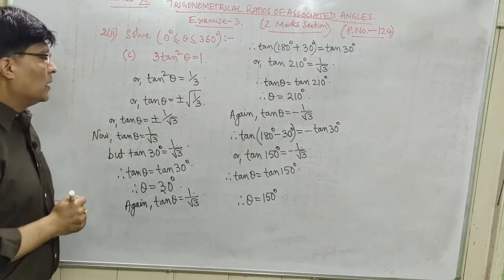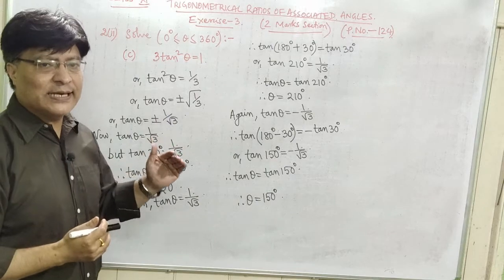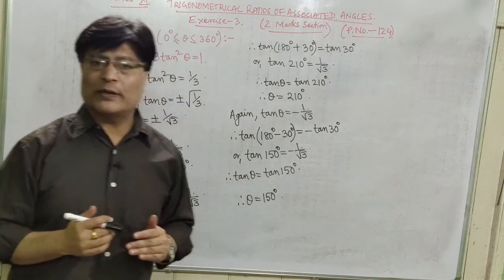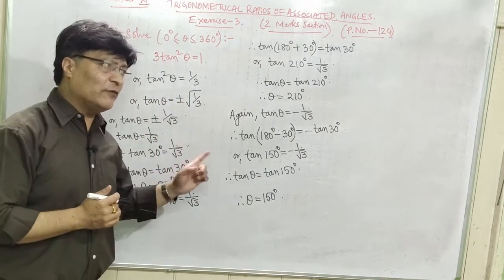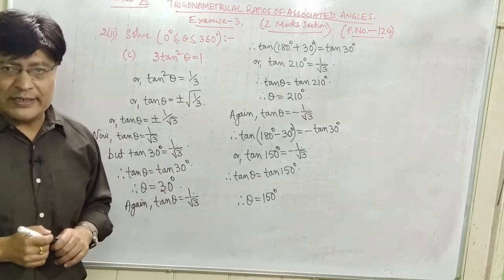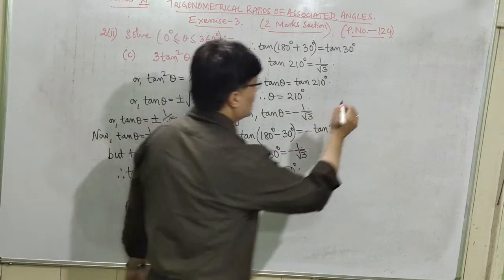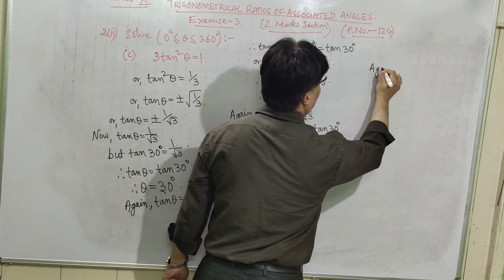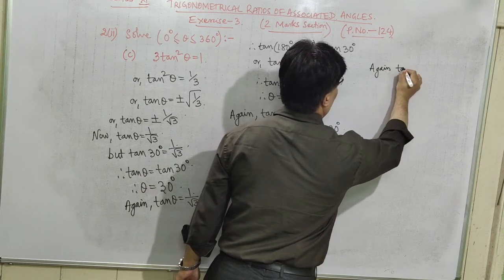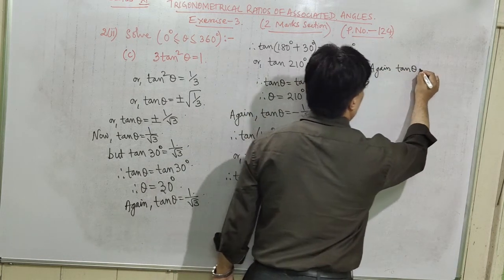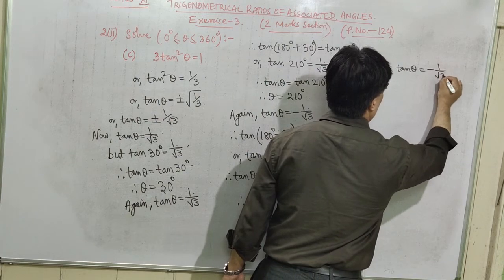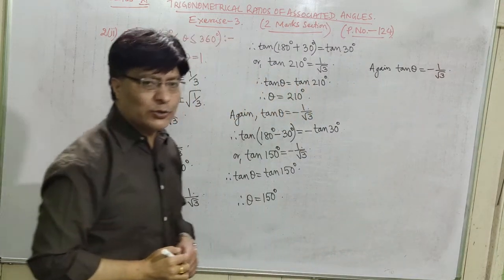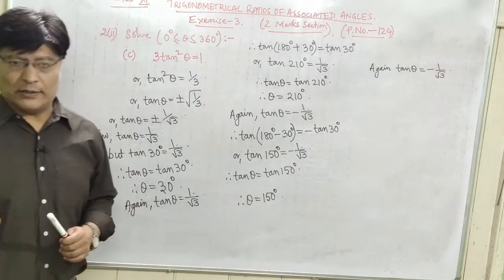Okay. Now again, tan theta is negative in which quadrant? In the fourth quadrant. So you should find out the value for theta in the fourth quadrant as well. Okay. So now again tan theta is equal to minus 1 upon root 3. Now you should get the value for theta in the fourth quadrant.